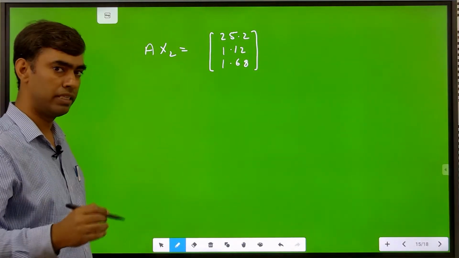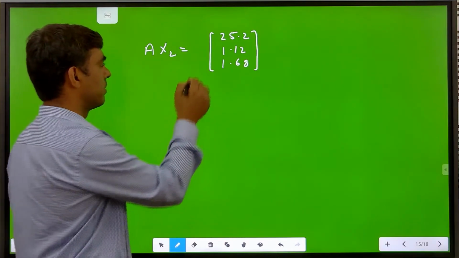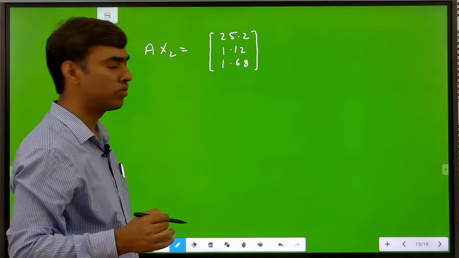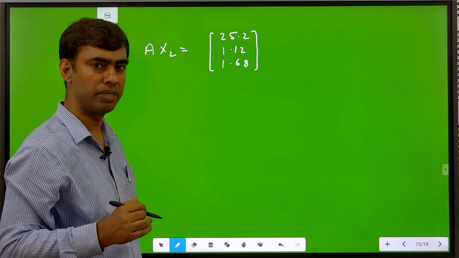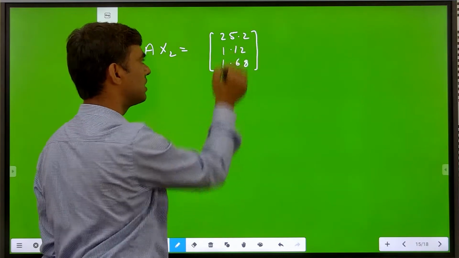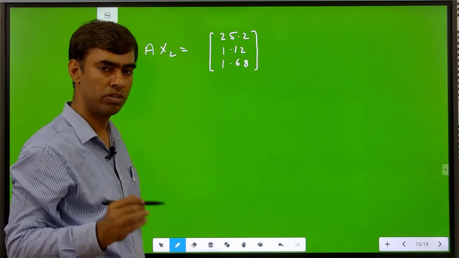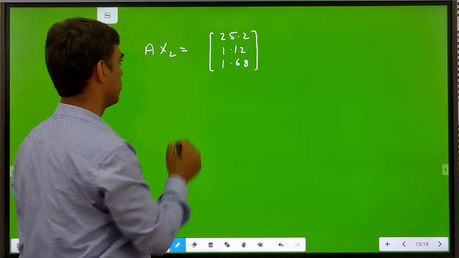Again, in order to find the next approximate eigenvector, we normalize the numerically largest element. How do we normalize? Here the numerically largest element is 25.2, so we divide all the elements by 25.2.